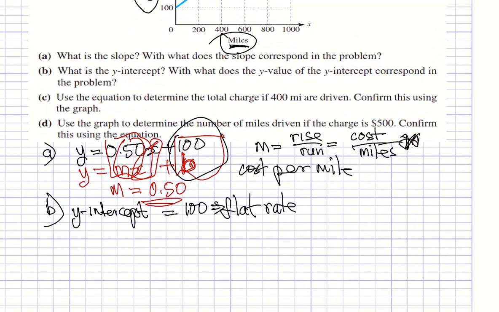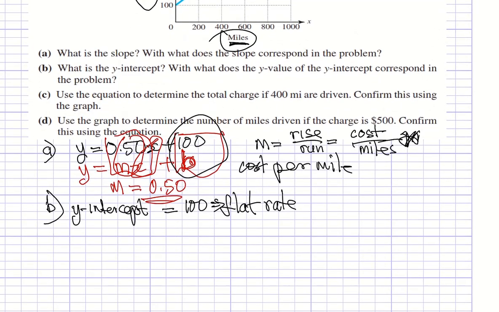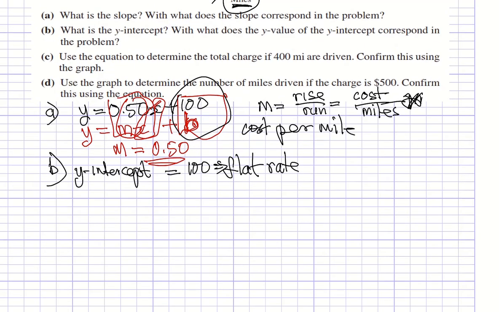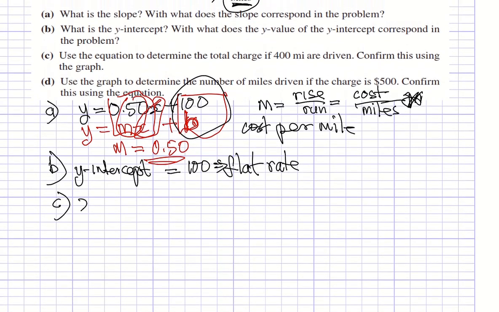Next: use the equation to determine the total charge if 400 miles are driven, and confirm this using the graph. What C is saying is, if x equals 400, determine y. Y is the total charge, so y equals 0.50x plus 100.